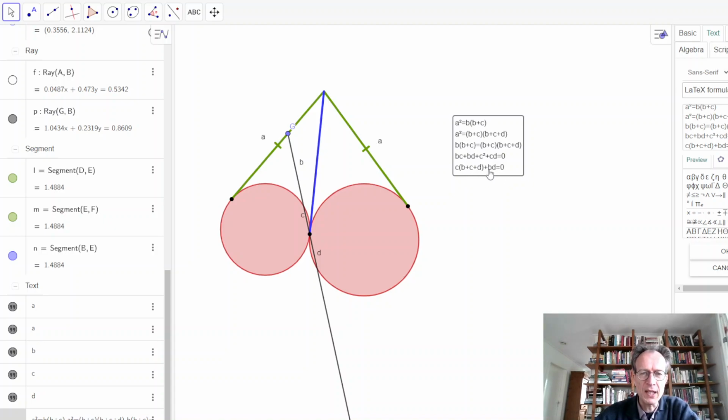But that means the second term bd is 0, and because b is not 0, we have found that d is 0. That's the first result. But now we look at that other term, and because d is 0, we have that c squared is 0, therefore also c is 0.